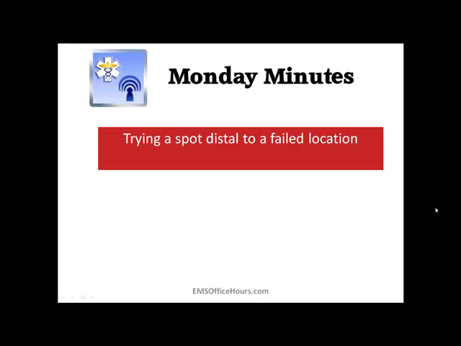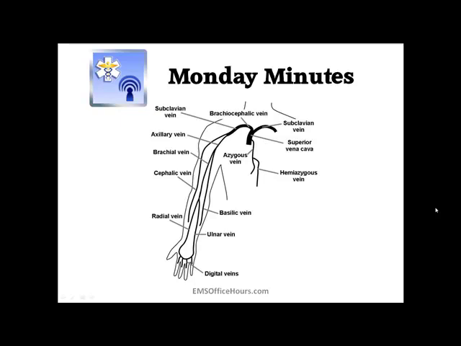This is why, when you learn IV access in school and in classrooms, they always tell you, always start lower on the extremity or wherever it is that you're trying to start the IV. Just a quick tip there, to keep that in the front of your mind when you're starting IVs. Now, today, not a lot of text, but I just have some pictures I want to show you.